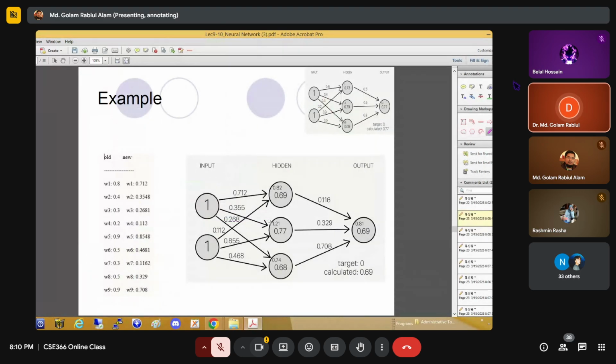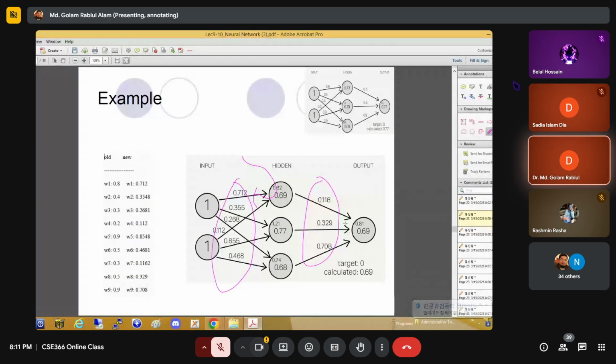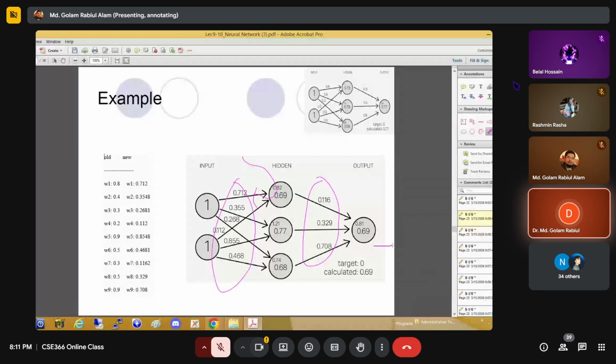So in our second iteration, utilizing the updated weights, if we perform the forward propagation again, then maybe we will get a different output. Now we can see the different output here is 0.69.